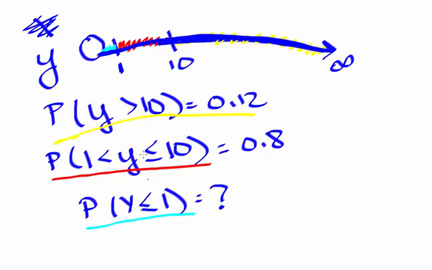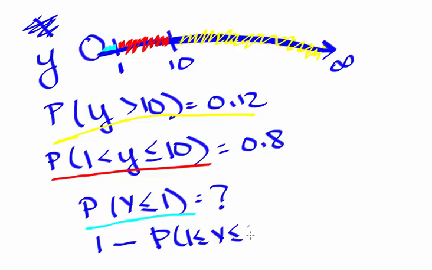And we know the range from 1 to 10, and we know the range from 10 to infinity. So from 1 we need to subtract the probability that y falls between 1 and 10, and the probability that y is greater than 10.